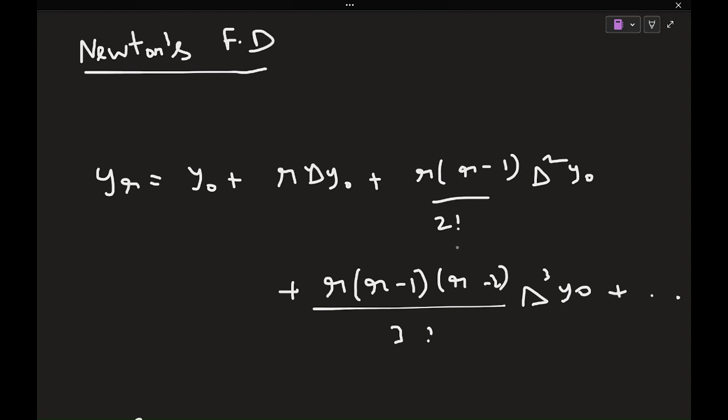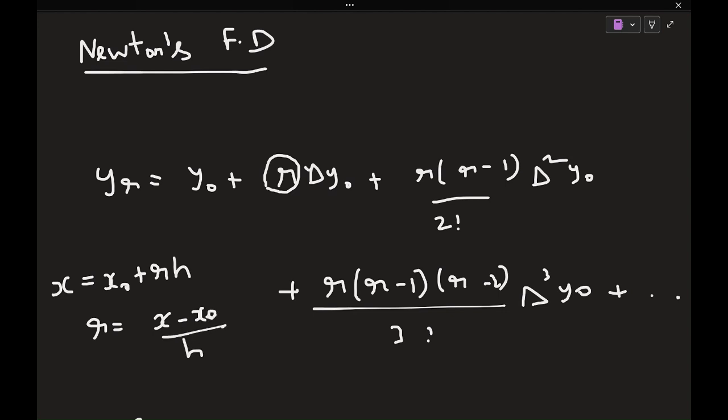I think you guys get the logic now. As we talk about r, now x we can write as x naught plus r into h. So r is given by x minus x naught upon h.